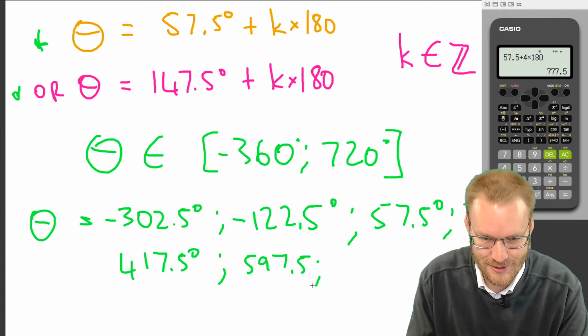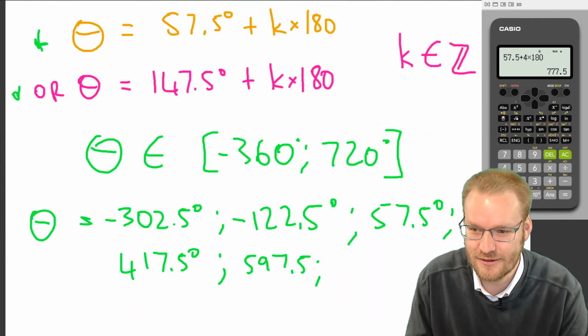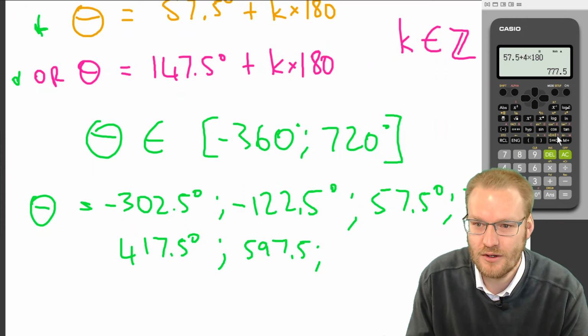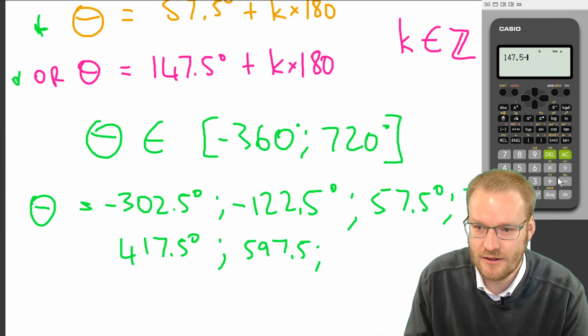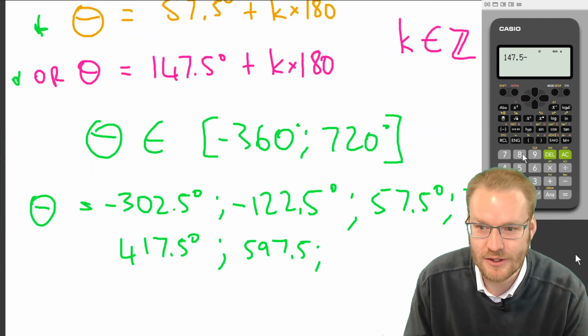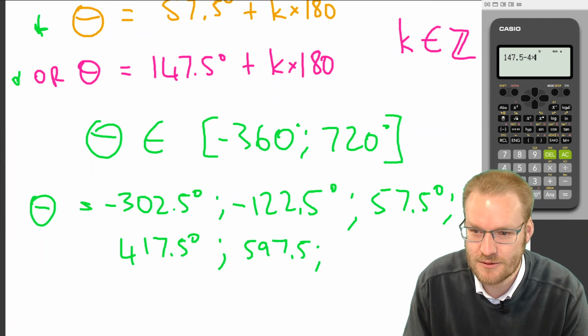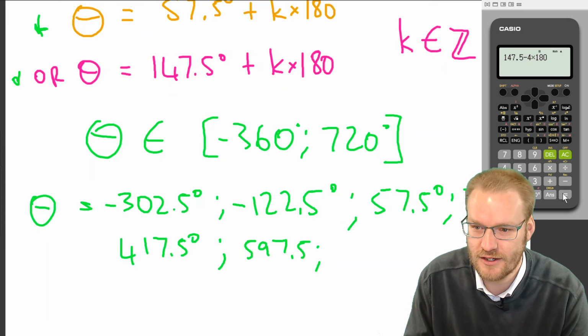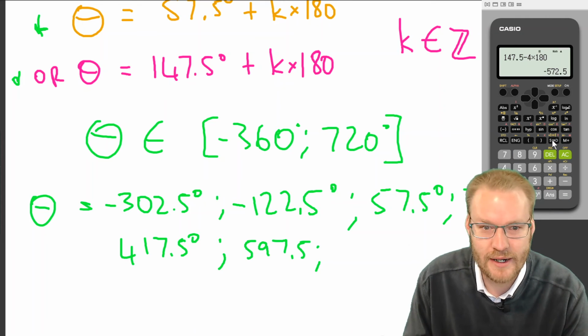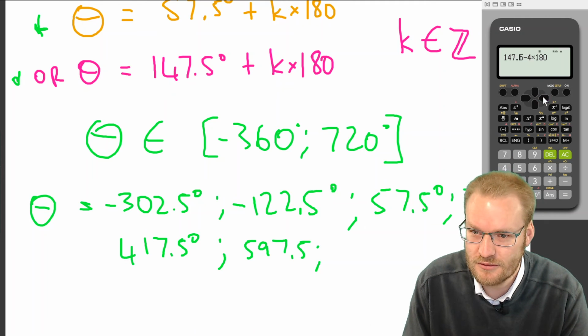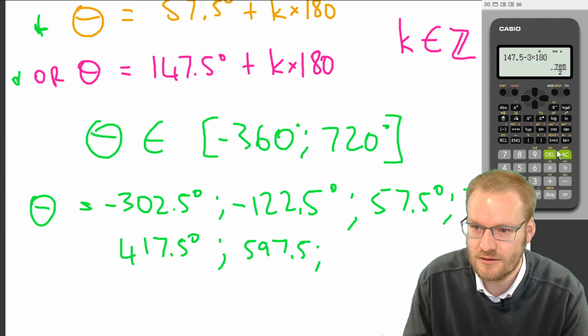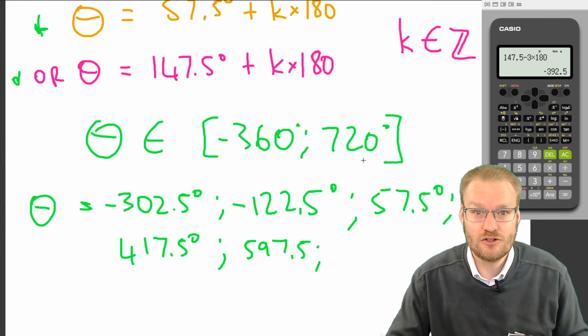So let's keep going and go 147,5. So now we're looking at 147,5 minus, I don't know where we're going to start, so let's go 4 times 180. Nope, too small, too big on the negatives. So let's go there. Minus 392, still too negative.